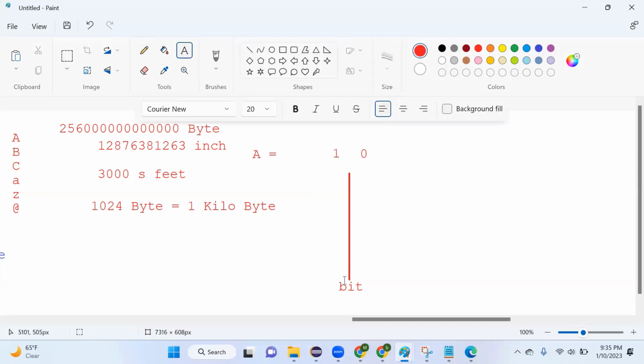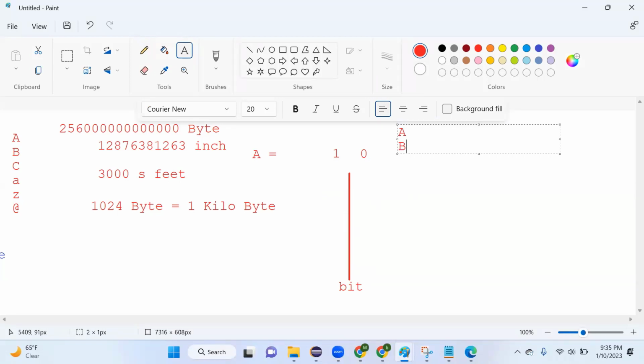Suppose I want to send some letters or information. How? I tell the other end, hey, if I send 1, you will consider it as A, and if I send 0, you will consider it as B, right? Then I have got A and B. What about the other 24 letters?